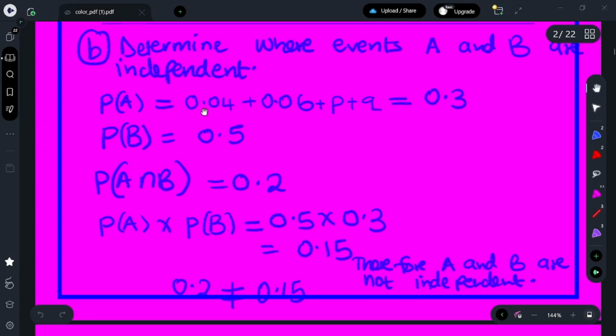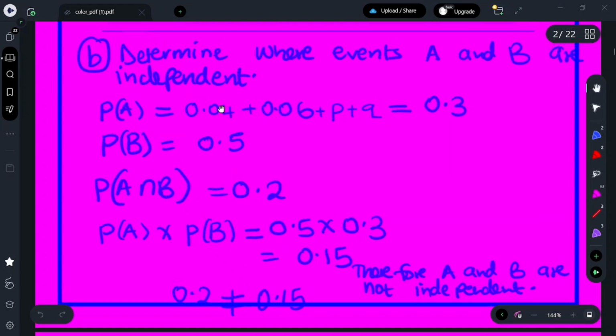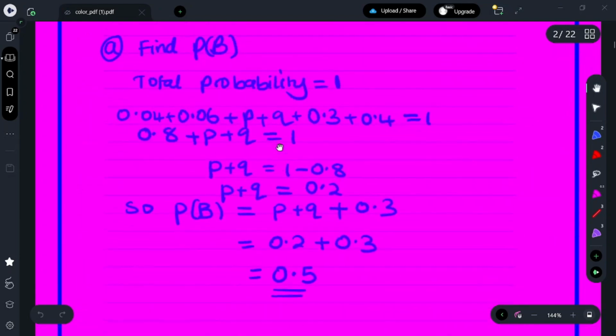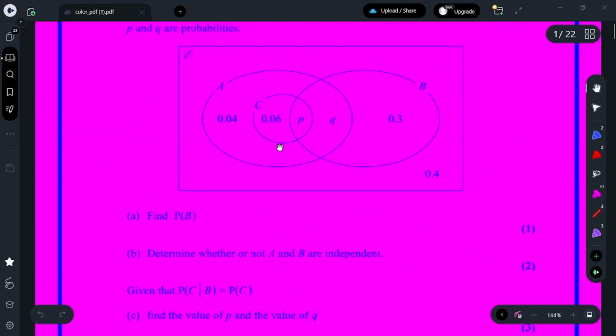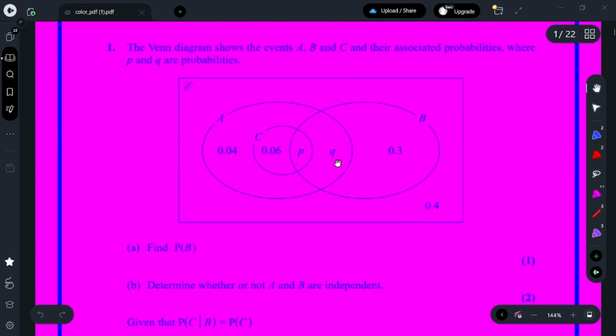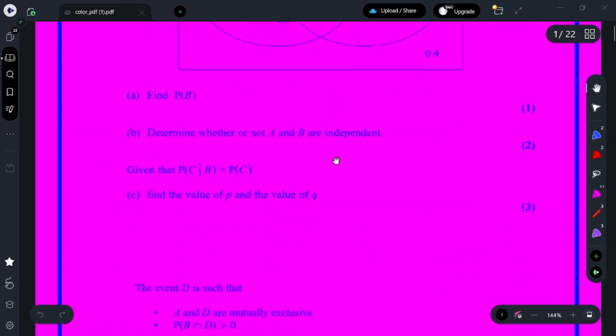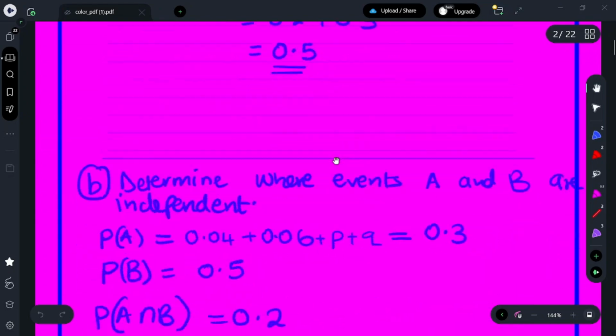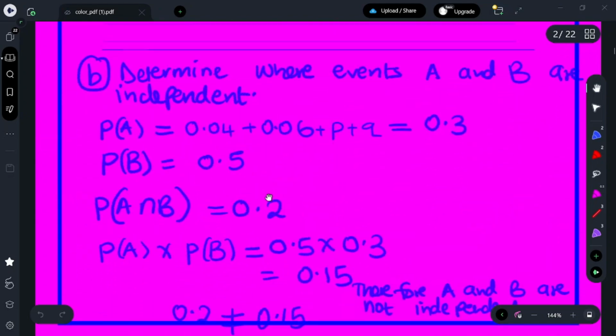So the probability for A is 0.04, 0.06 plus P plus Q, which is equal to 0.3. We have probability for B, which is 0.5. The intersection of these two, from the Venn diagram, we can see is P and Q. And we already know that P and Q gives us what? 0.2, shown here.